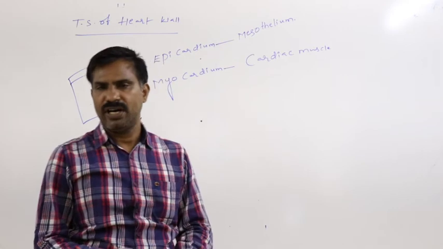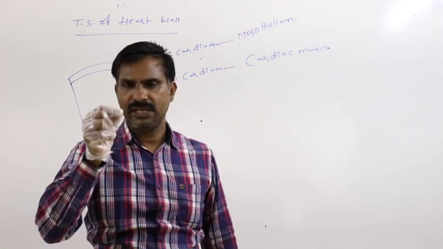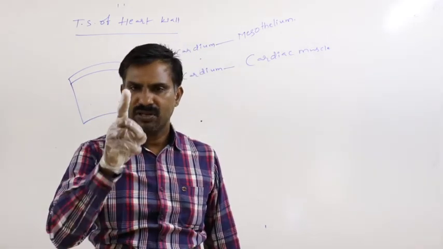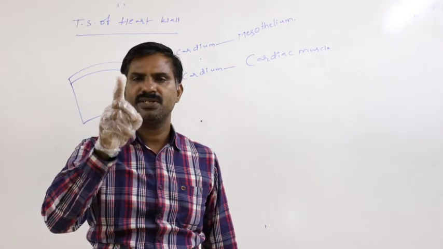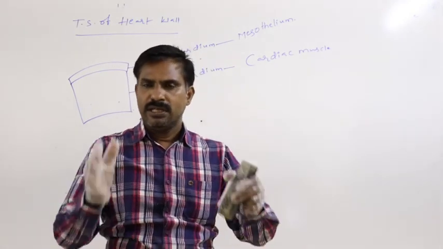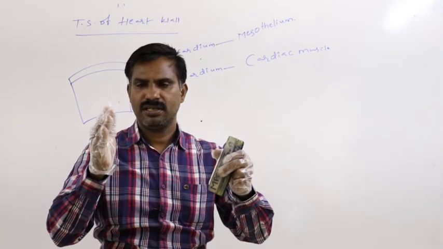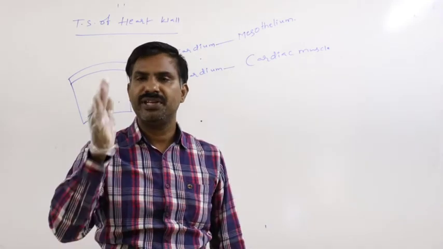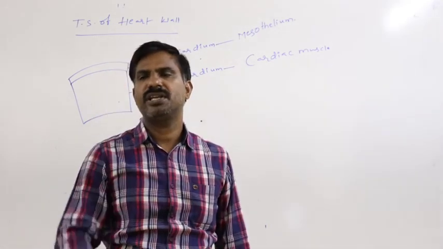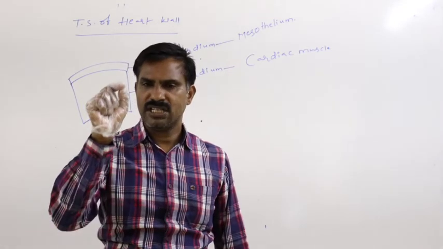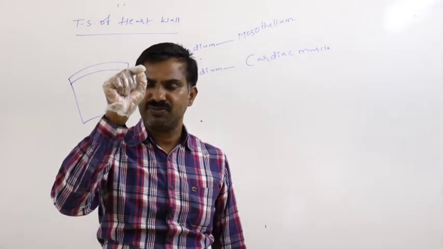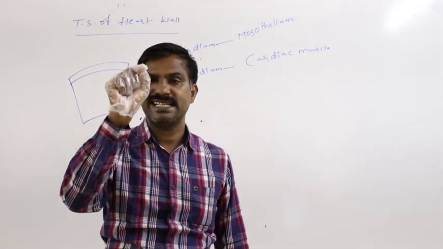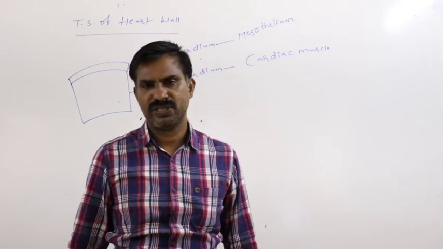What is the reason for variation in the size and weight of the heart from person to person? It is due to the variation in thickness of the myocardium. A person's heart weight and heart size vary only because of the variation in the thickness of the myocardium from person to person.